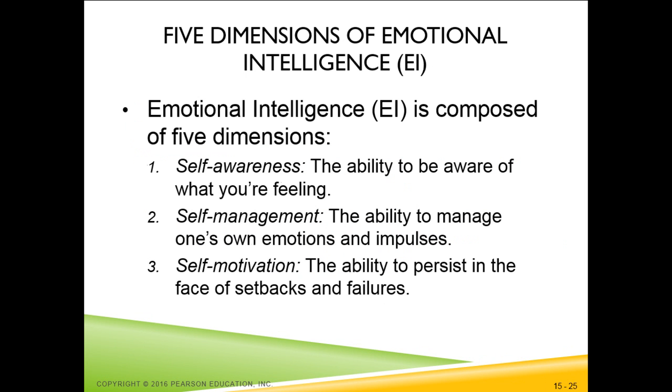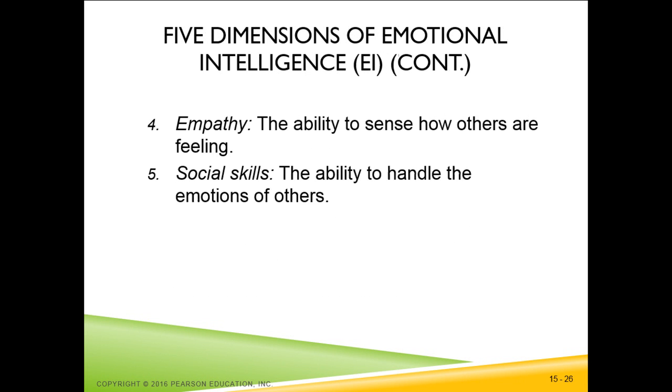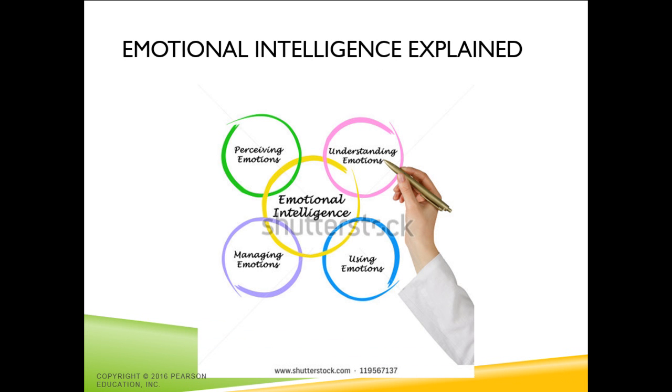Emotional intelligence is composed of 5 dimensions. The first 3 are self-awareness, self-management, self-motivation. The last 2 dimensions are empathy and social skills. It's important to understand our emotions. How would you put your emotions on this scale?